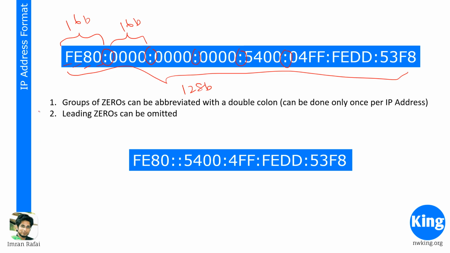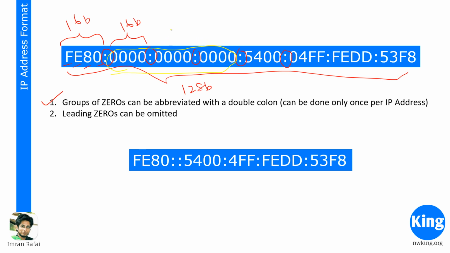Rule number 1 says groups of zeros can be abbreviated with a double colon, and this can be done only once per IP address. That means if you look at this, I'm going to take a different color, let's say yellow. If you look at this space, you have 3 blocks of zeros.